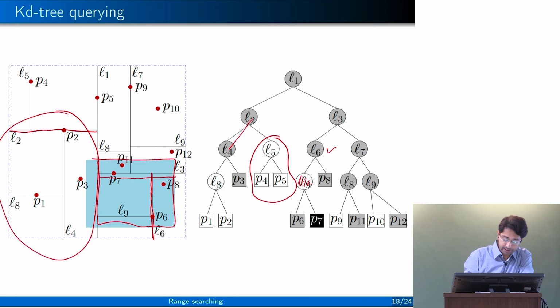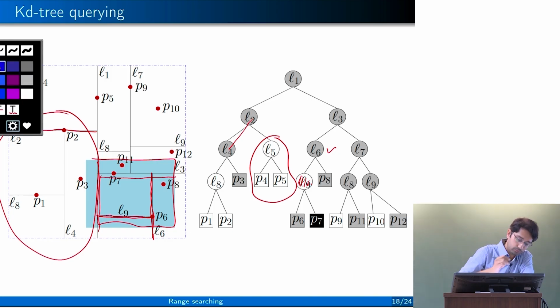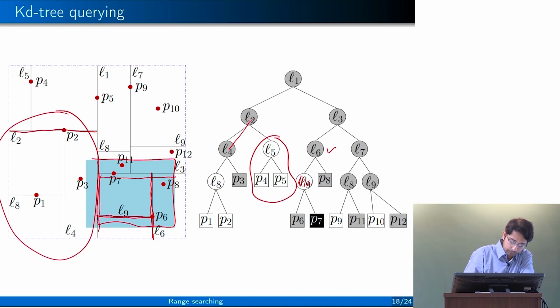Then I go to P6. This is my L9, L9 divides this box. This is the box for L9.